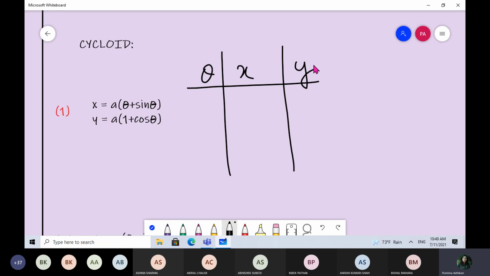So let's give theta equals to, I'm going to give 3 values: minus pi, 0 and plus pi. Okay, why I have chosen these points you will realize later. What will be your x for minus pi? What will be your y?